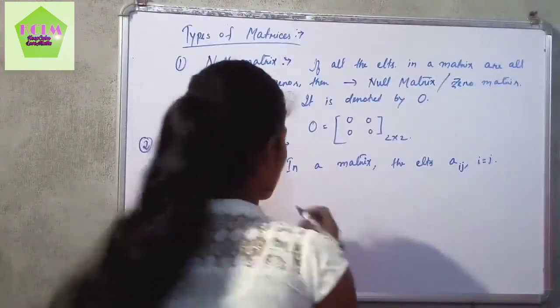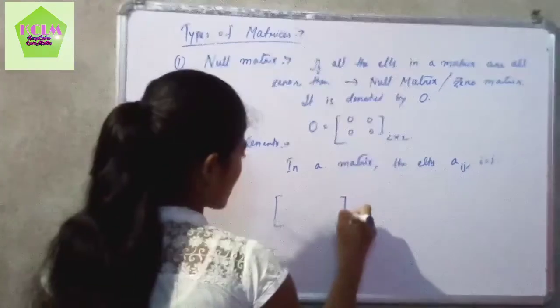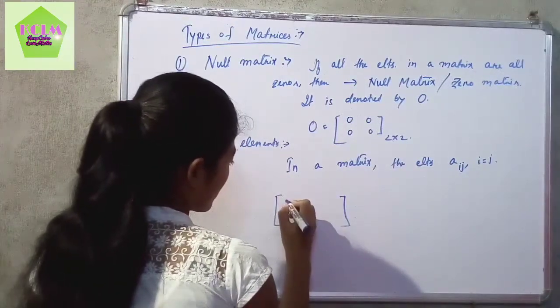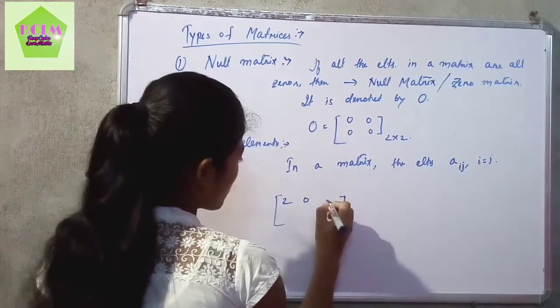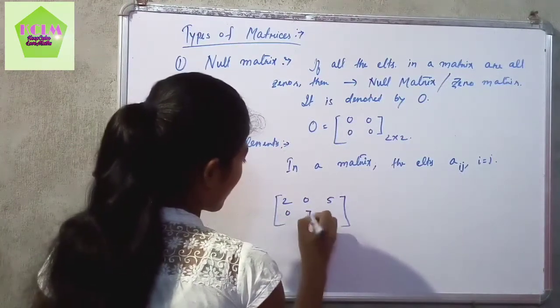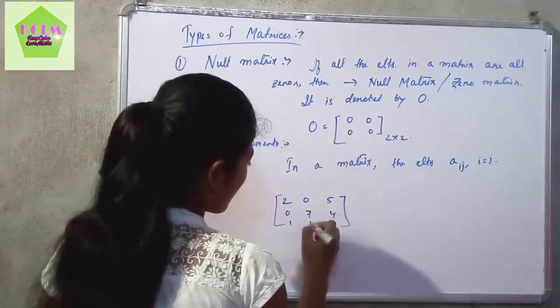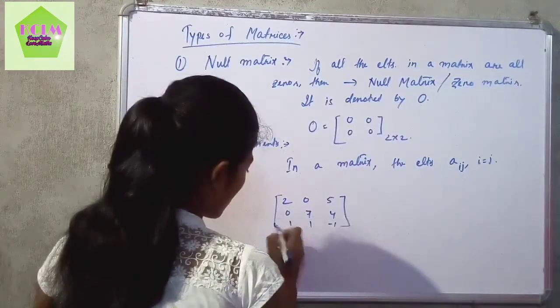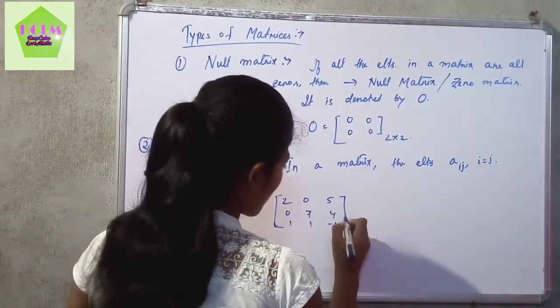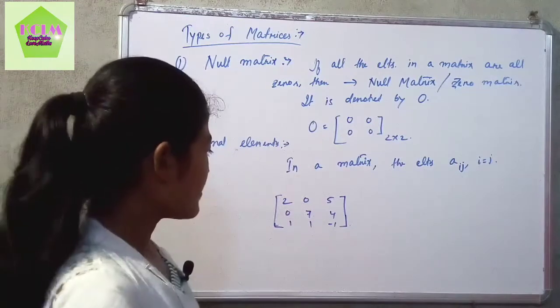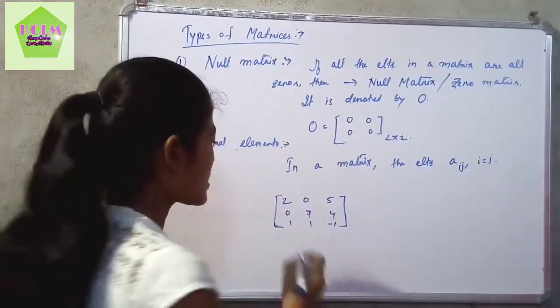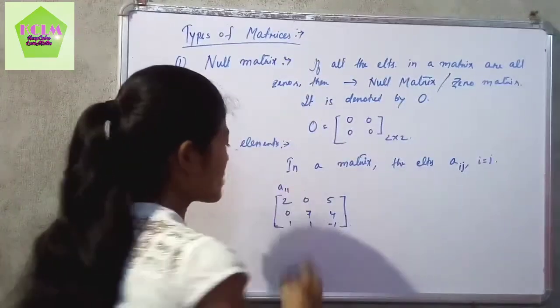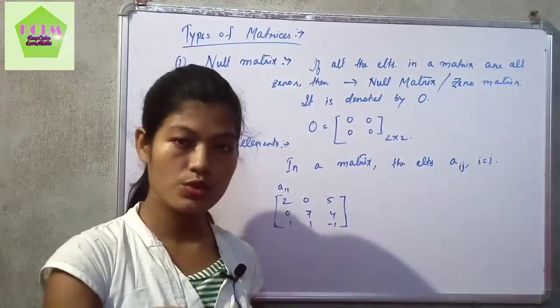Suppose we have a matrix 2 0 5, 0 4 7, 4 1 -1. Here the element 2 is in the position A11, that means it is in the first row and first column.